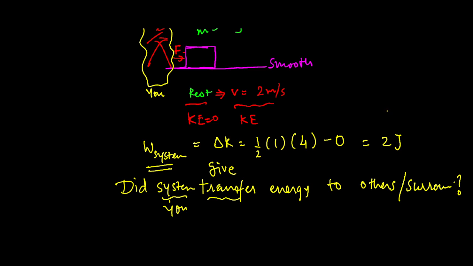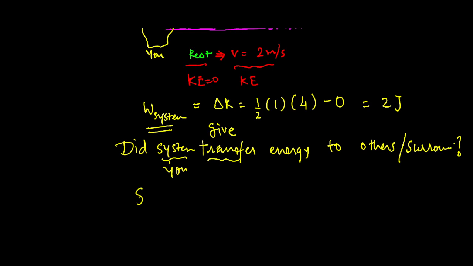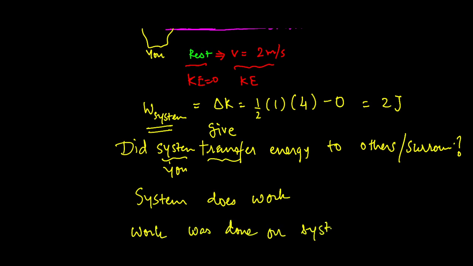Okay, so here what would you say? Would you say system did work, system does work, or would you say work was done on system? Which one would you pick? Number 1, number 2? System did work or work was done on the system?